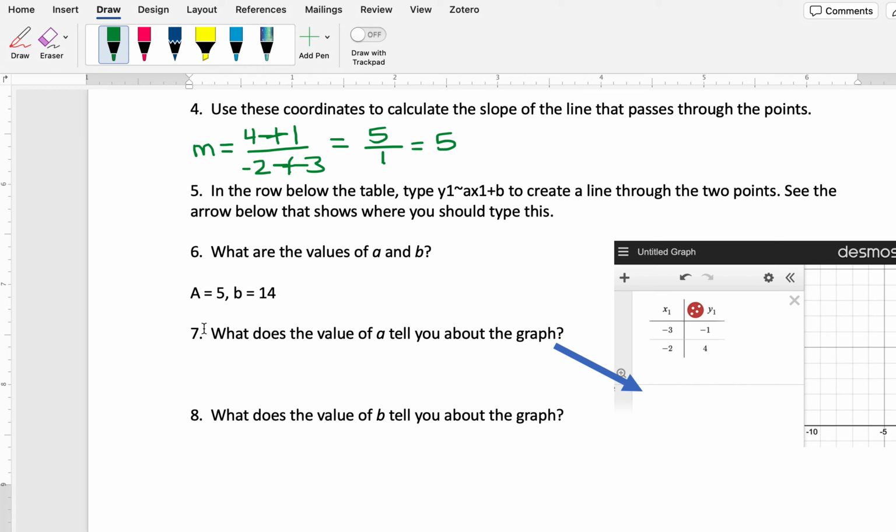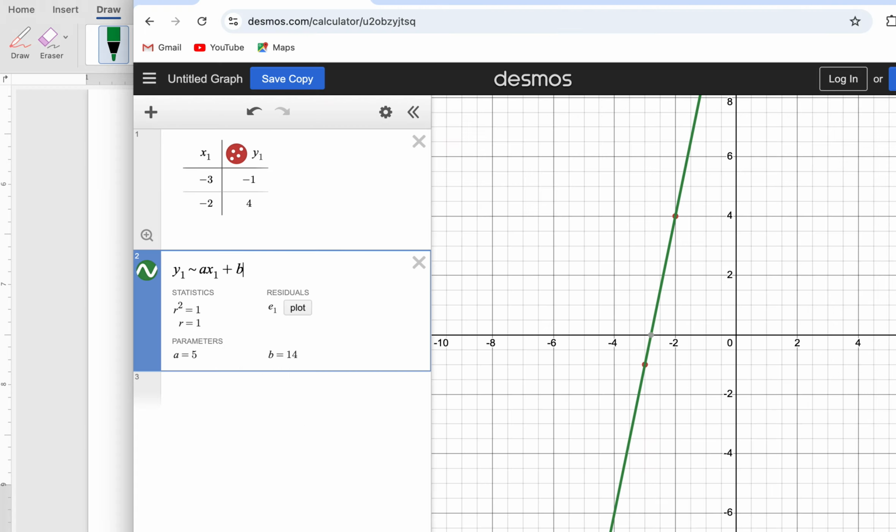And then the next question is, what does the value of A tell you about the graph? The value of A is the slope that we calculated. In this case, it was 5 that we calculated above. So A is the slope. Or in other words, for every 1 unit that I go to the right, my line is going up 5 units. B is 14.